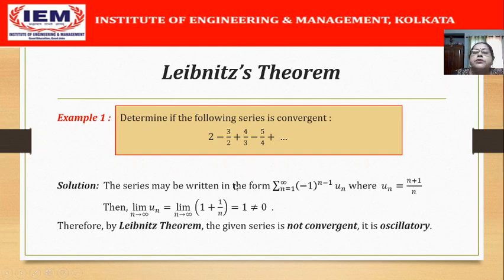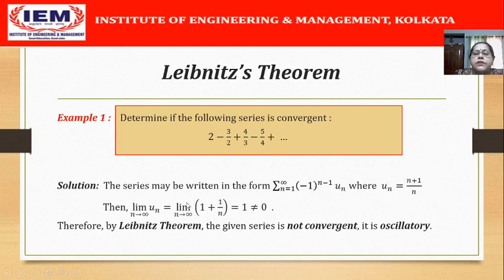Now to test by Leibniz theorem, we have to check two things. One, that the sequence un is monotonically decreasing, and two, that limit un should be 0. Let us check the limit quickly first. So limit un as n tends to infinity, where un is n plus 1 by n, is nothing but 1 plus 1 by n.